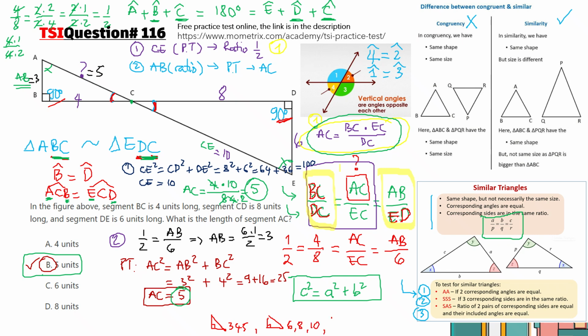You can have another one with the multiple of 3 for each side. So 3 times 3 is 9, 3 times 4 is 12, and 3 times 5 is 15. This is the most basic one to memorize, and that will be helpful when you see a question like this. It helps you to solve it faster.